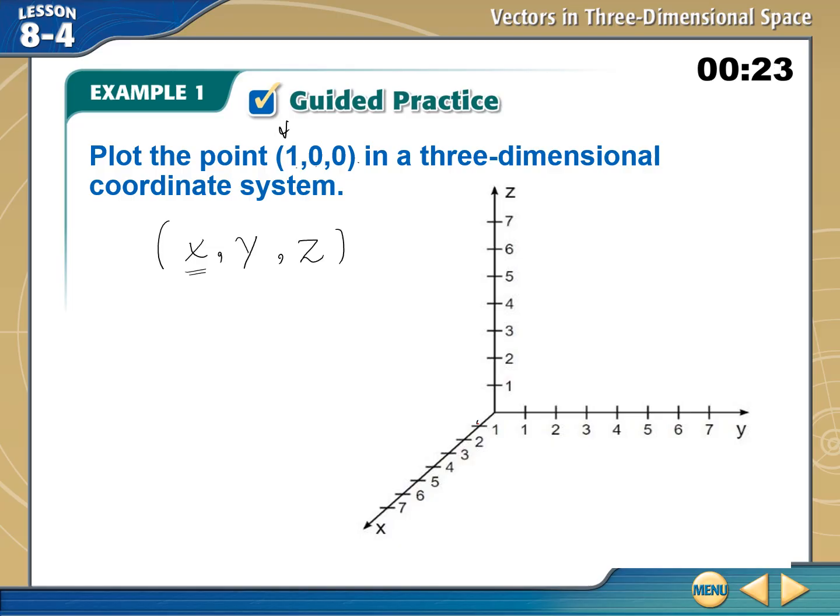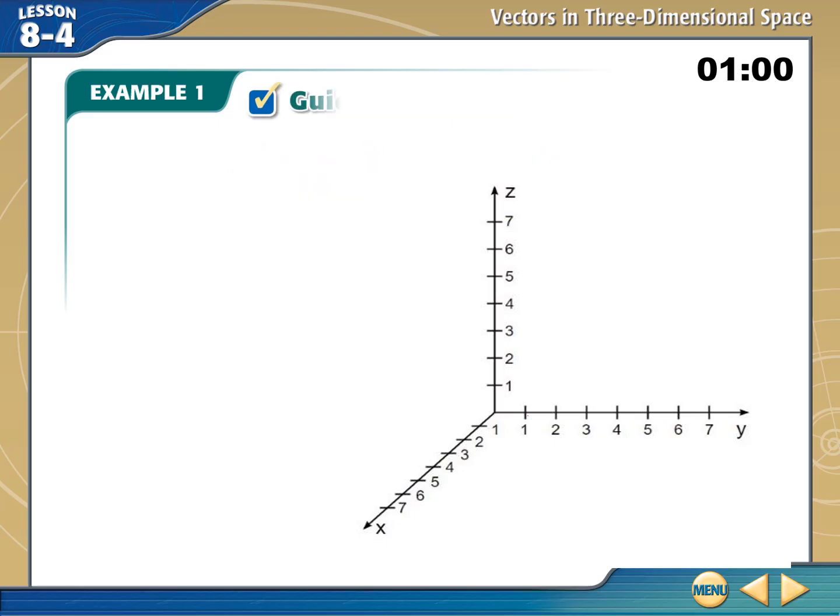You can plot the point like that because y and z are zeros.